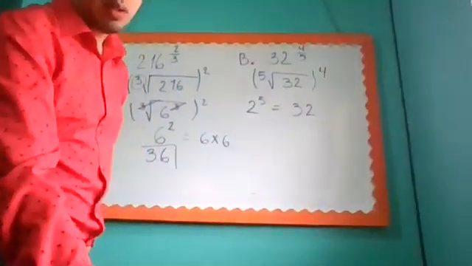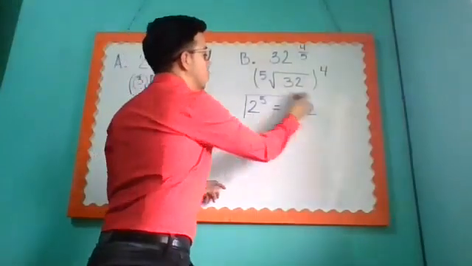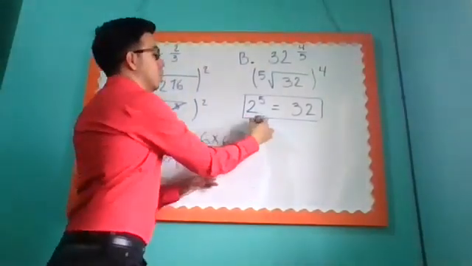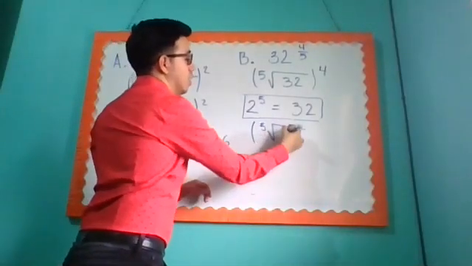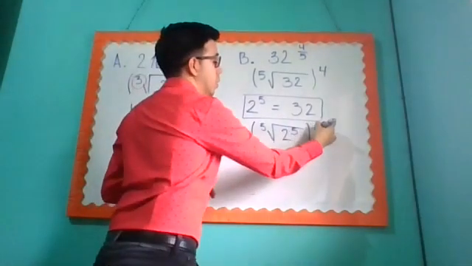Then we are going to replace. Okay, you identify that 2 to the power of 5 is 32, so you replace it with 2 to the power of 5, and this to the power of 4.